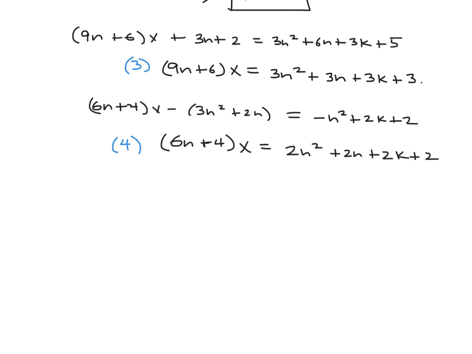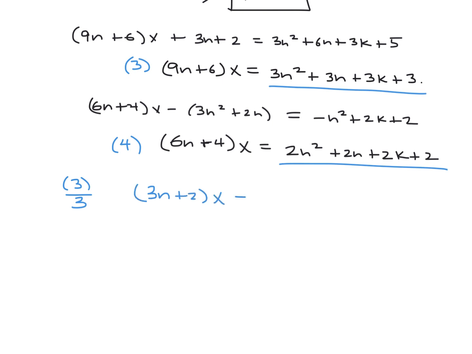Let's see here. Well, this looks very similar to this right here. So if I divide equation 3 by 3, then that would be 3n plus 2x is equal to n squared plus n plus k plus 1.